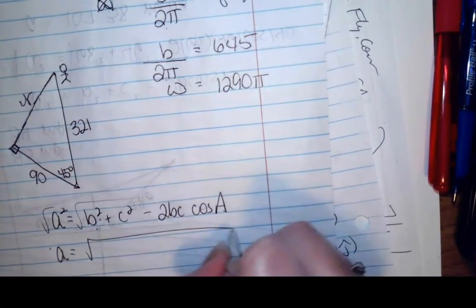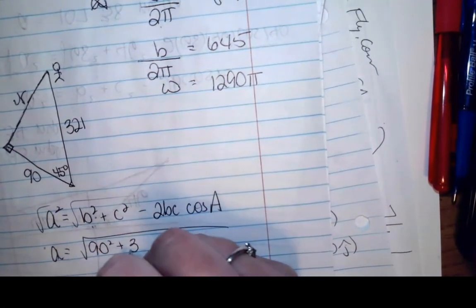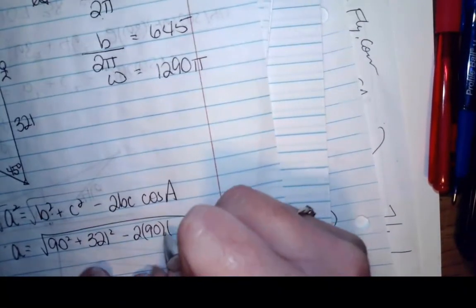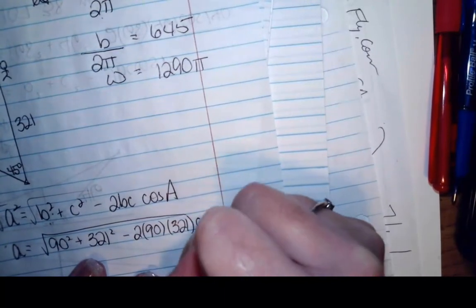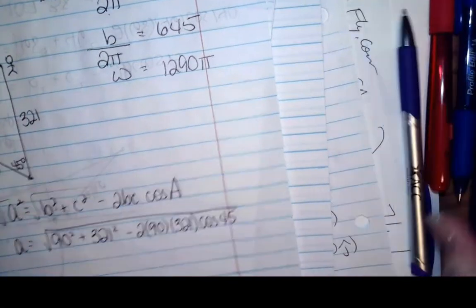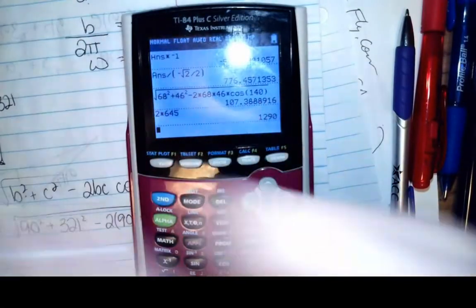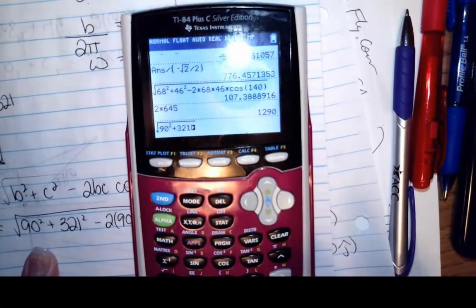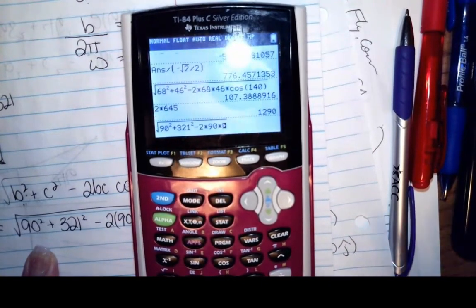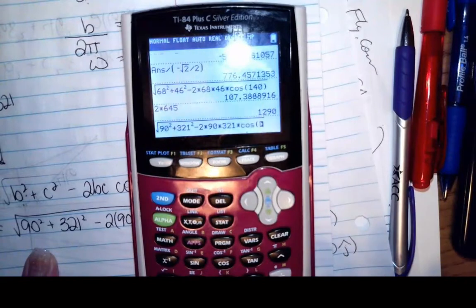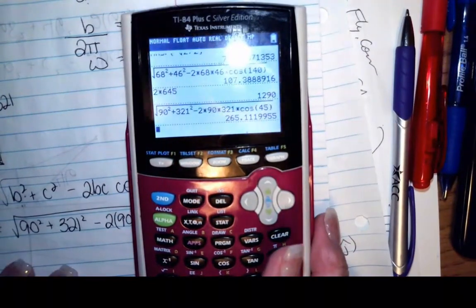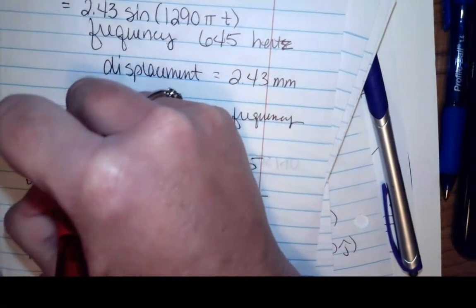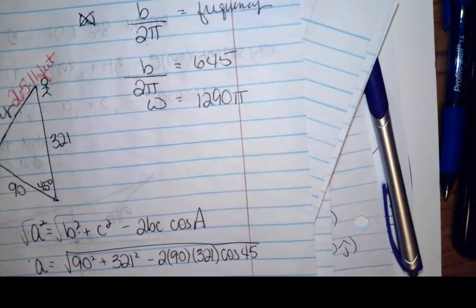So a equals the square root of 90 squared plus 321 squared minus 2 times 90 times 321 times the cosine of 45 degrees, which will tell us how far that length is. That gives me 265.11 feet. So 265.11 feet is how far he has to throw it.